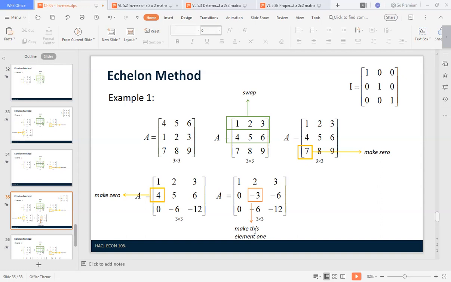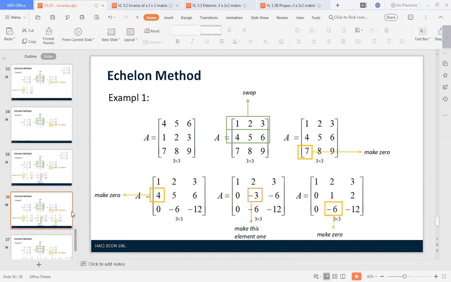So how will we make this one as 1? Again, following this, we'll introduce a scalar -1/3, multiply it in every element in this row. So that would be 1, -1/3 times 3, negative 1 over 3 times negative 6, and it will look like this. So that would be 1, 2, 3, 0, 1, 2, 0, negative 6, and 12.